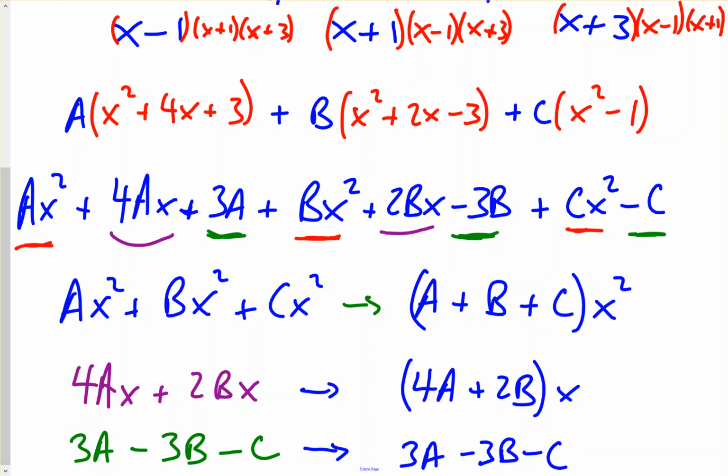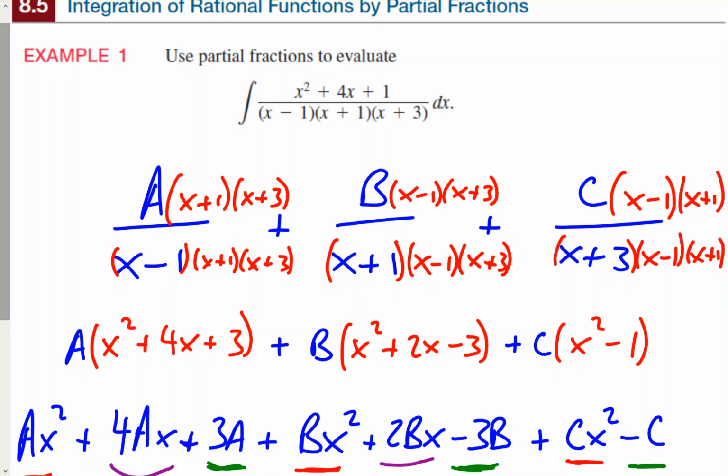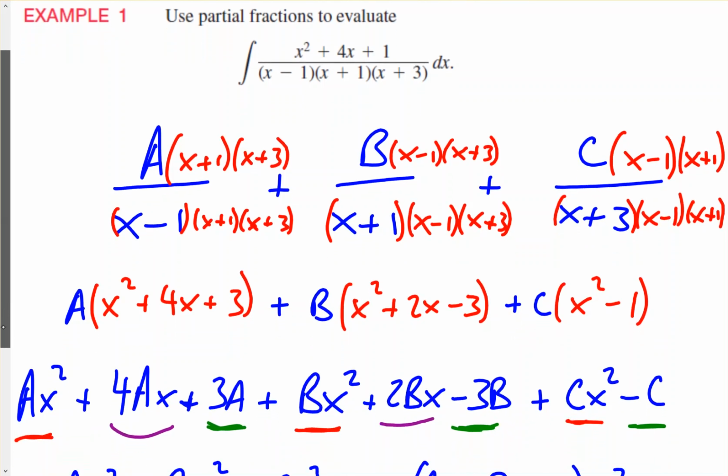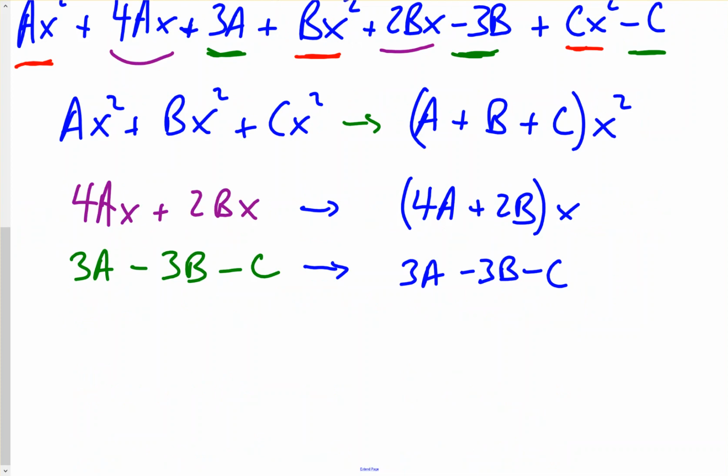Okay, so now looking at our initial problem, x squared plus 4x plus 1. Focus on that numerator. X squared, there's a 1 in front. The x has a 4 in front, and the constant is just a 1. So that means for our x squared, it's just a 1x squared.